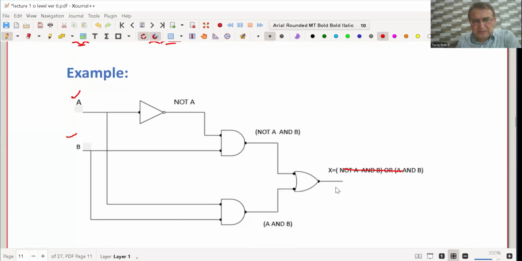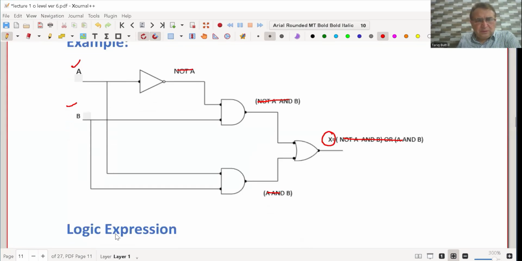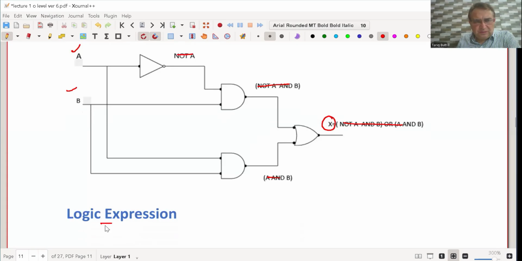In fact, these things will not be given to you. Fine. You will be given inputs, then different gates connected in certain fashion, and the output expression, let's say, labeled as X or F or whatever. And you are asked to, let's say, write down the logic expression first, followed by the truth table.